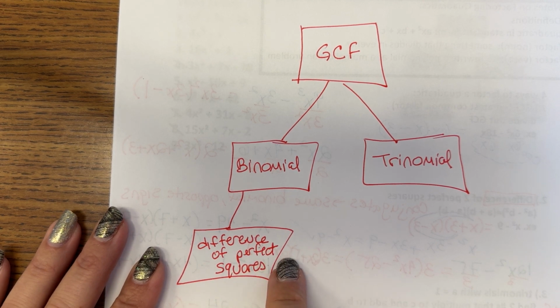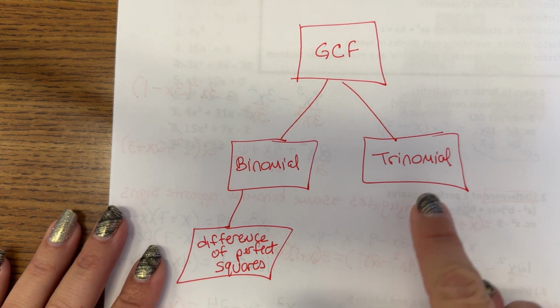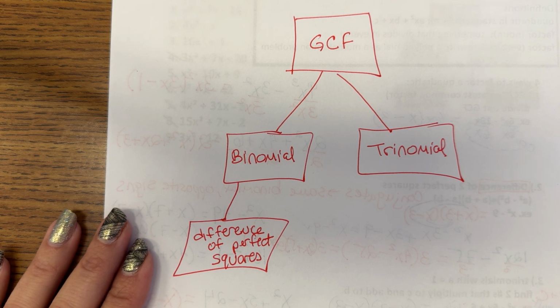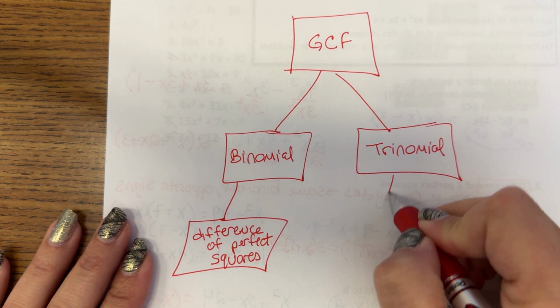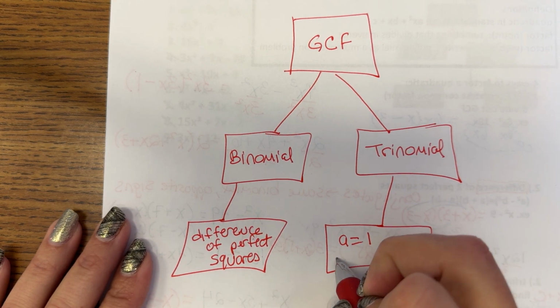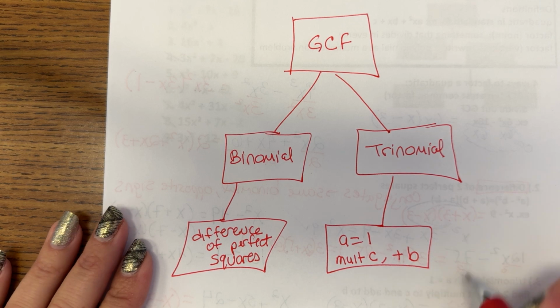We will add other binomial factoring later through the unit. This is just the Algebra 1 review. We will do new methods of factoring in Algebra 2 later. Trinomial, what we did today, was when a equals 1, that was multiply to c and add to b.